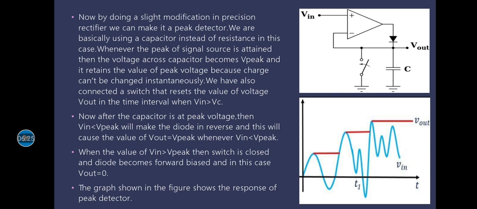But after some time, when V in crosses the value of V peak, then the diode becomes forward bias, and in this case we will close the switch, and after closing the switch V out will become 0, and then again some peak is obtained, and after that V out becomes equal to V peak, and it will retain its value equal to V peak until V in crosses V peak again. So this process will go on, and we will observe a graph as shown in the figure.